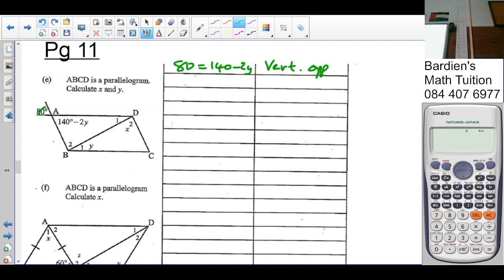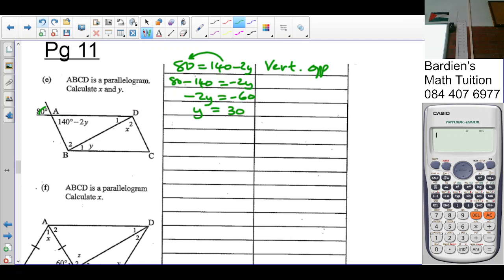Not zero, it's a y. Right, so let's go solve it. Take it over. So it's 80 minus 140 is equal to negative 2y. Negative 2y is equal to 80 minus 140, negative 60. Divide by negative 2, 30. So y is 30. Is it negative 30? No, you divide both sides by negative 2.